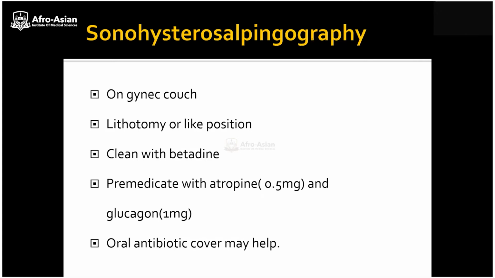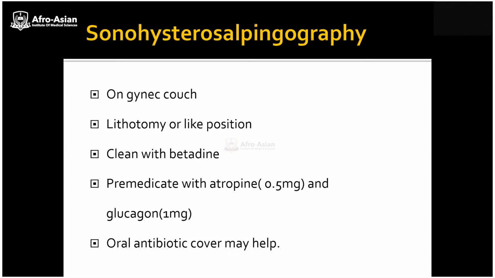We need a lithotomy or similar position, a position in which we can introduce the TVS transducer comfortably, which is usually when the patient's knees are flexed and there is some abduction at the level of both hip joints, abduction or external rotation.